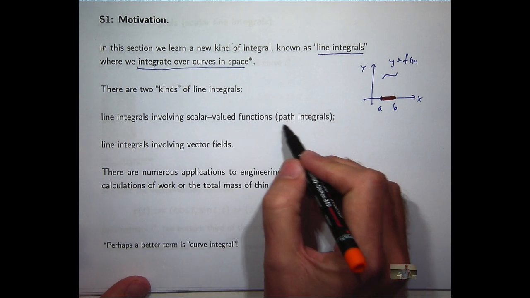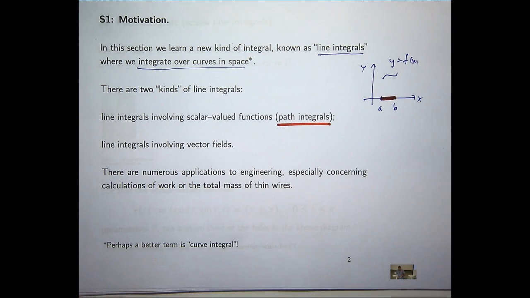So basically, we are going to learn how to integrate scalar valued functions over curves like a helix or a semicircle or something like that. Some curve that sits in space. You've got some function that's defined on that curve. It'll take real values. How do you integrate over that curve?